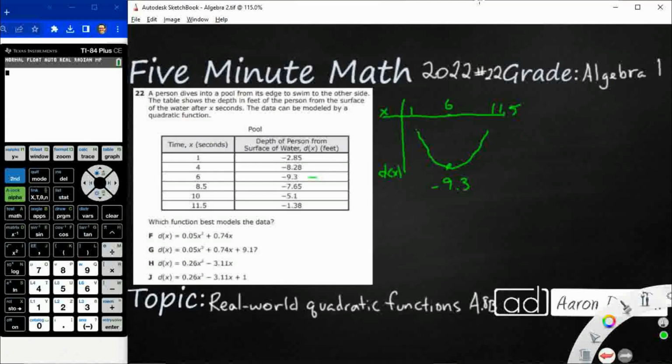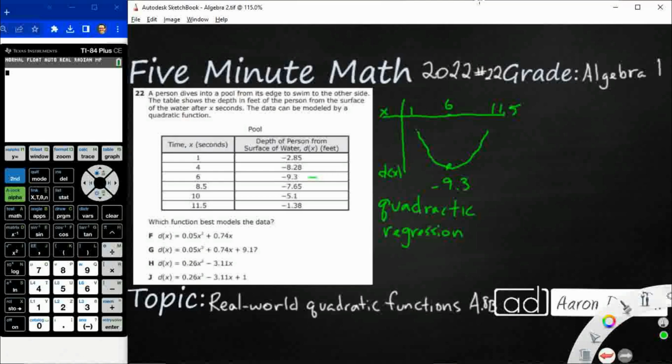So we need to turn this into a quadratic equation here. And what we're going to use is a process called quadratic regression. As you can tell from this video, we definitely need a calculator. This is something that you can technically do by hand, but it is so much simpler when we have a calculator that can do the work for us.